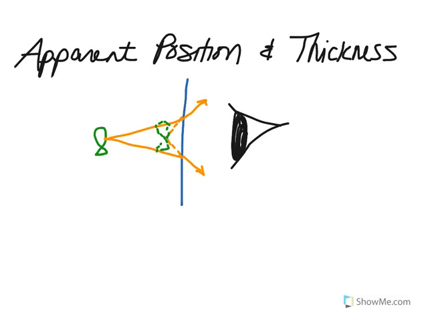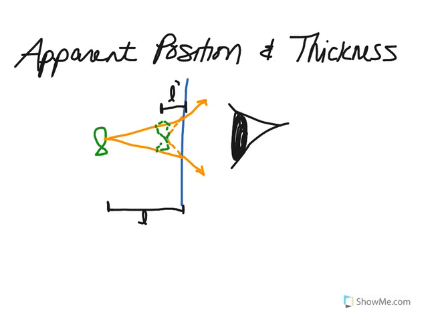Now I've redrawn the diagram so that the light is going from left to right, and we can label some of these distances here. So from the actual object to the interface, we will call L, and from the image to the interface, we call L prime, the image distance.